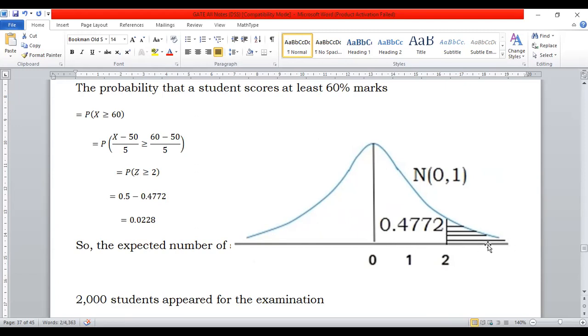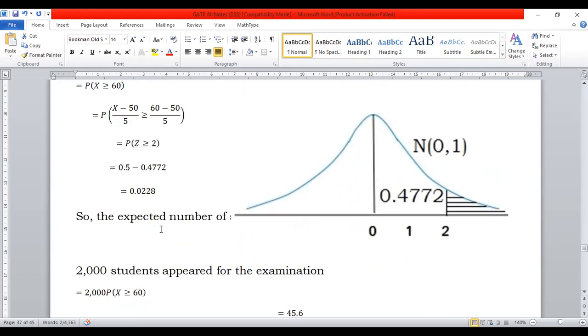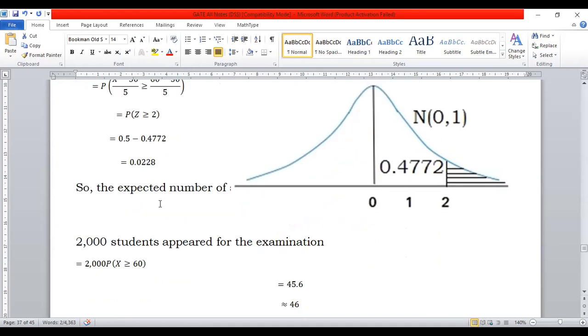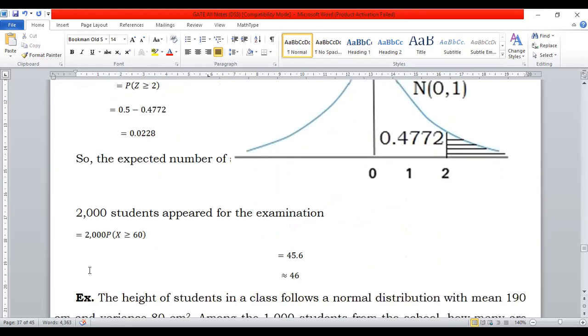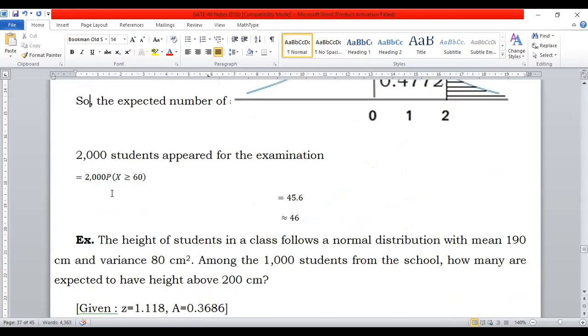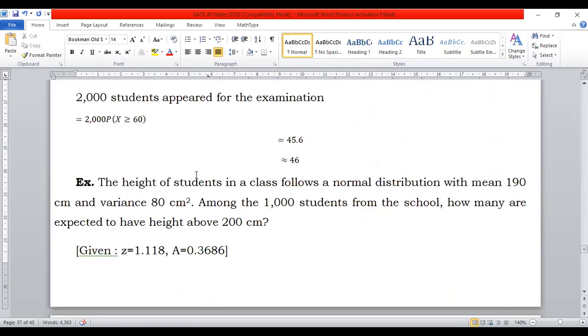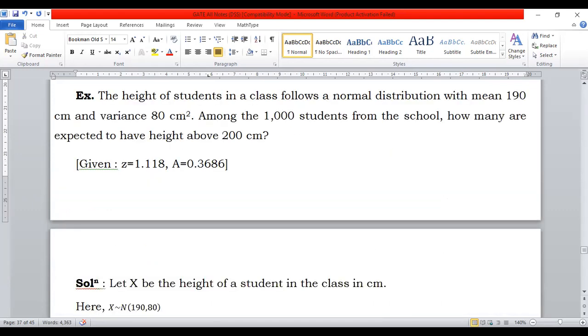So the remaining has to be 0.5 minus 0.4772, and that is 0.0228. So the expected number of students among 2000 scoring at least 60% is 2000 times the probability that a student scores at least 60%. That is 45.6, rounded up to 46.